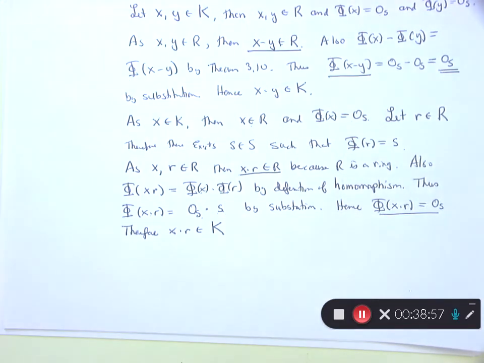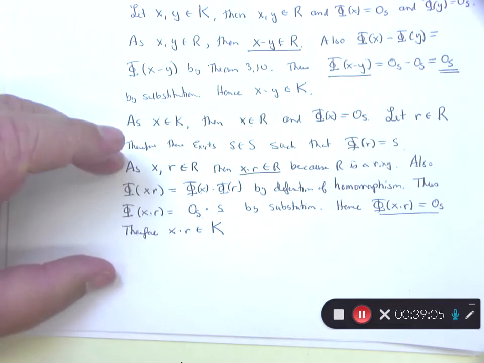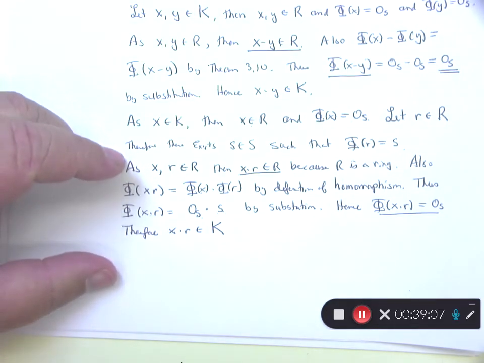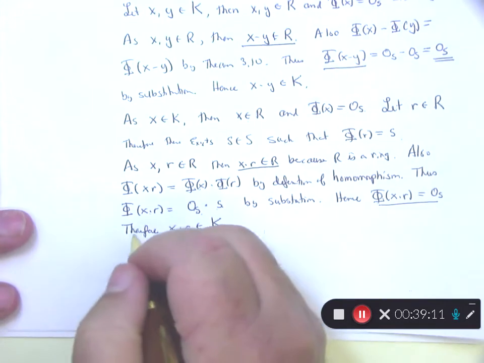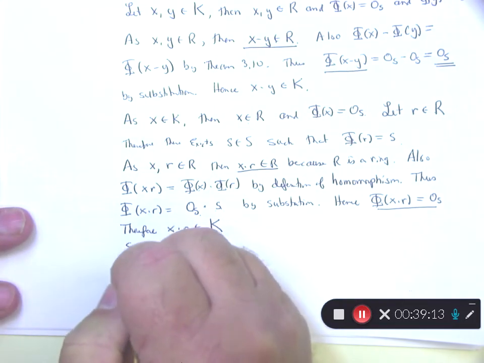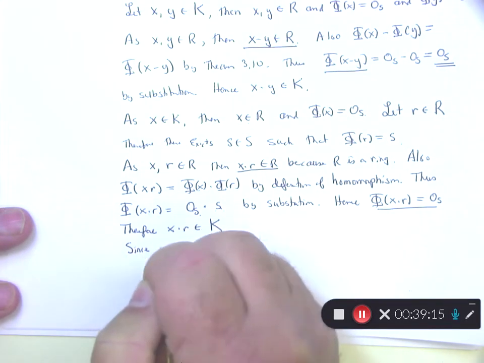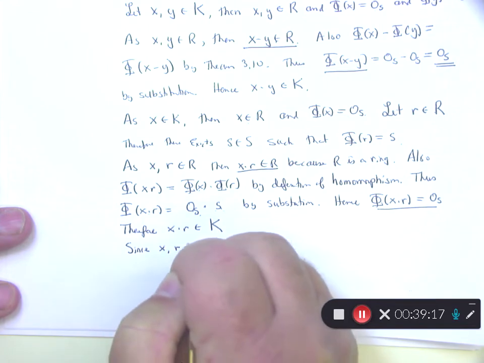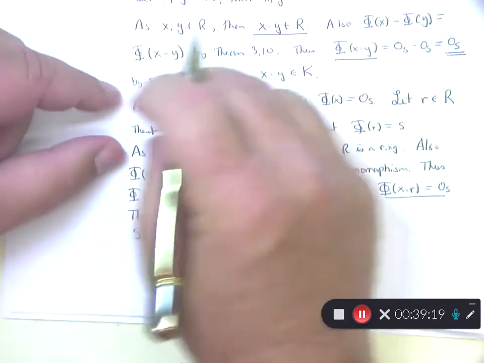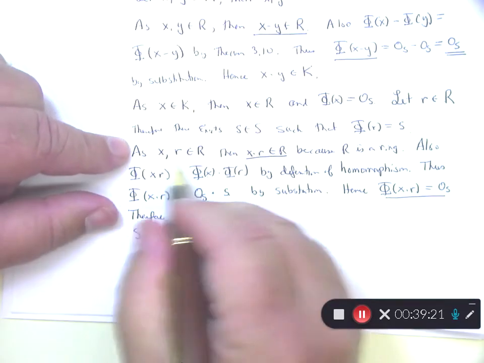Question for you. Did I give you a commutative ring for R? No, I did not. So I'm afraid you've got to have another paragraph. You've got to state it, but it's going to follow directly. If I do not give you a commutative ring, you've got to show it the other way as well. And so I'll pick up, instead of the word as, the new paragraph since x and r are elements of R, because the givens are the same. So you pick it up right here, we start to maneuver them.